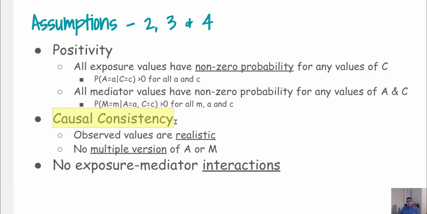Causal consistency, a similar idea as the exposure. If you have multiple versions of treatment, then your causal consistency is not there. If you have multiple versions of your mediator, that is also creating some problem. So what could be some example of this causal consistency? Say, for example, in your exposure group, when you are supposed to have only the osteoarthritis patients, you put some rheumatoid arthritis patients in your exposure group, so in your exposure group you now have these osteoarthritis patients and these rheumatoid arthritis patients.